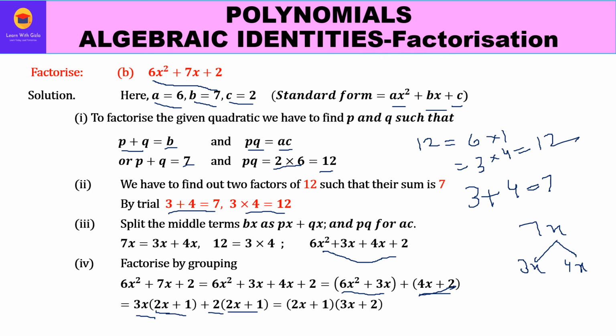Now 2x plus 1 is over here, 2x plus 1 is over here. So 2x plus 1 we have taken out common. From here we have 3x plus 2. So these are the two factors which we got of this quadratic polynomial, which we had to factorize, right?